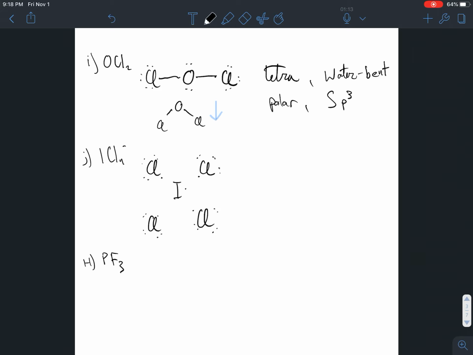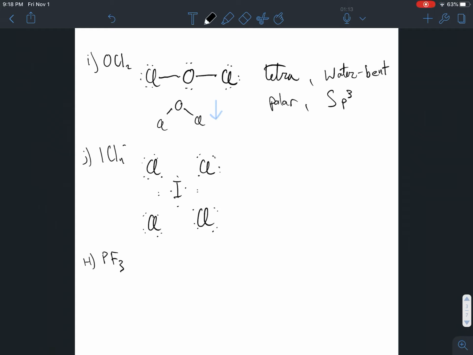So that has 1, 2, 3, 4, and then another 4, which we're going to draw right there and right there. So iodine has 8 electrons because there is 7 plus 7 plus 7 plus 7 plus 7 plus 1, which I reckon to be 36 electrons. I would definitely count the electrons in this type of problem, and I have that many.